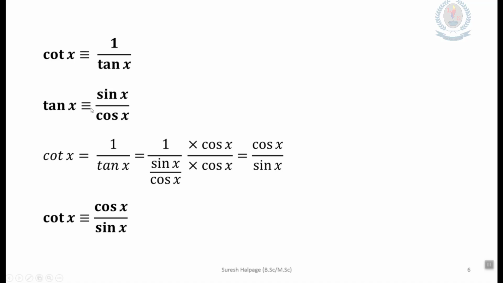Tan x is identical to sin x divided by cos x. So we can rewrite cot x like this. Cot x equals 1 over tan x, and tan x is identical to sin x divided by cos x, so we can replace tan x.